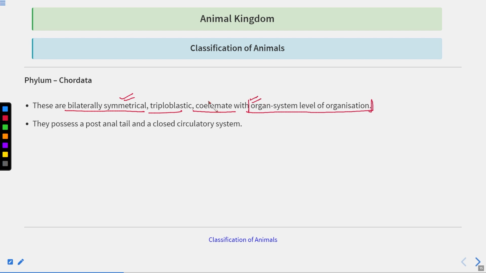They possess the post anal tail and the closed circulatory system. Closed type of circulatory system. Blood is not flowing in the cavity. Blood is having separate vessels through which it can flow to the whole body of the organism, and they are having the post anal tail.